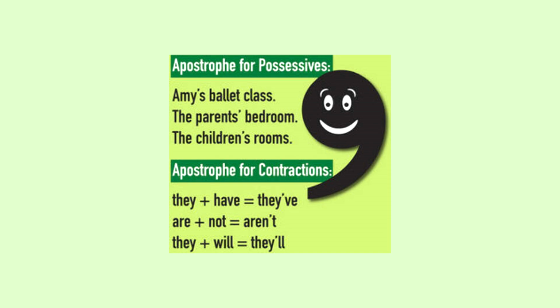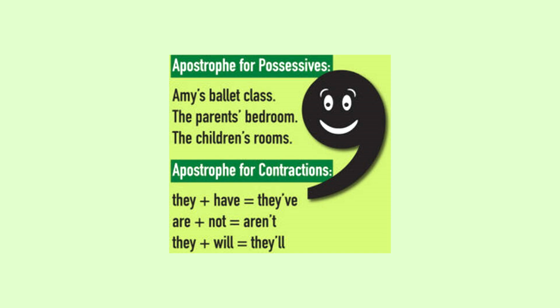They plus have, they've. Here we omit two letters. Second, do plus not, don't. Here we are omitting one letter. Third one, they plus will, they'll. Sorry students, here we are omitting two letters.